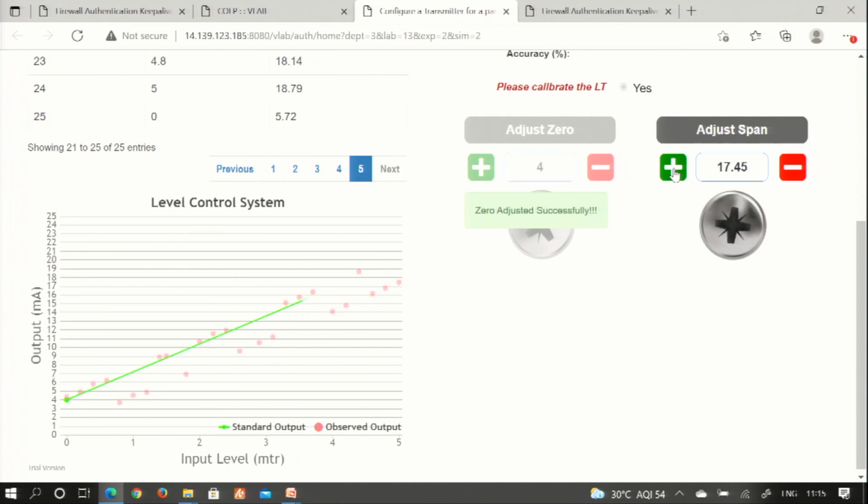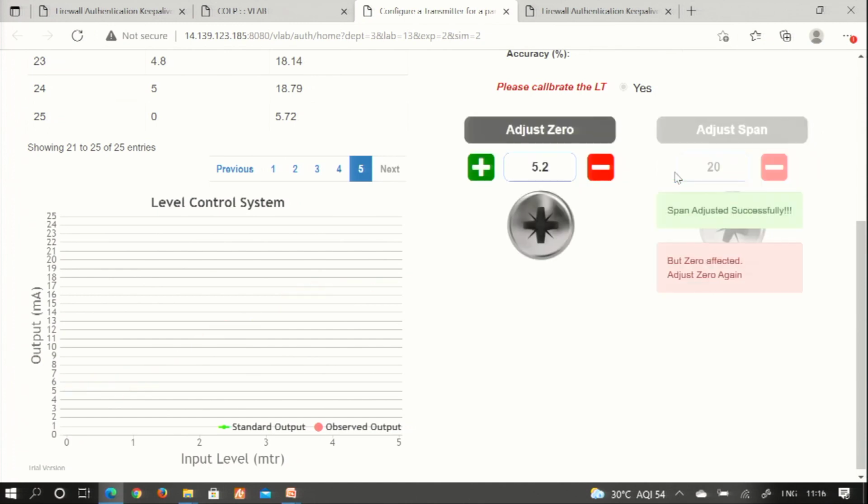So I keep on adjusting this every time. The number of attempts I am supposed to make, this is the beauty. There are standard attempts and there are attempts made by the students, and there is a comparison. If you have not understood the concept, if you go to minus and then come to plus, I call that a trial and error method, and there is a penalty for that.